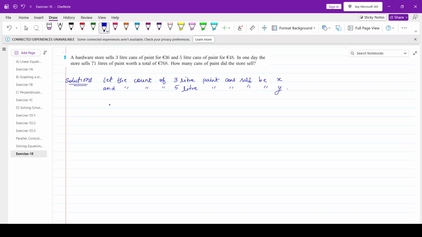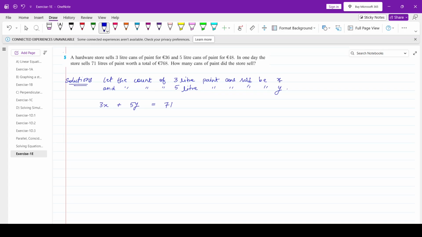So can we say total amount of paint sold in liters is 71? So 3x plus 5y is equal to 71. And also, we can say that the cost of one 3-liter can is 36 euros.